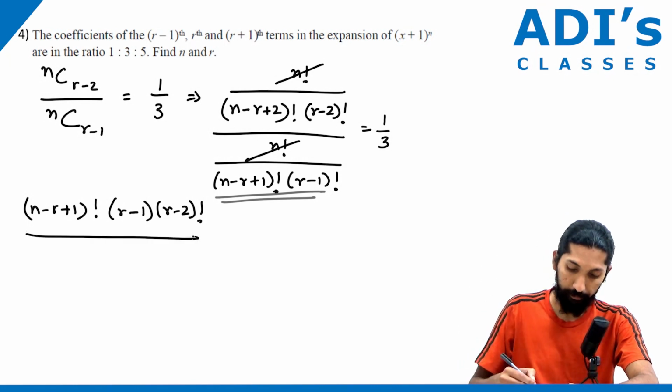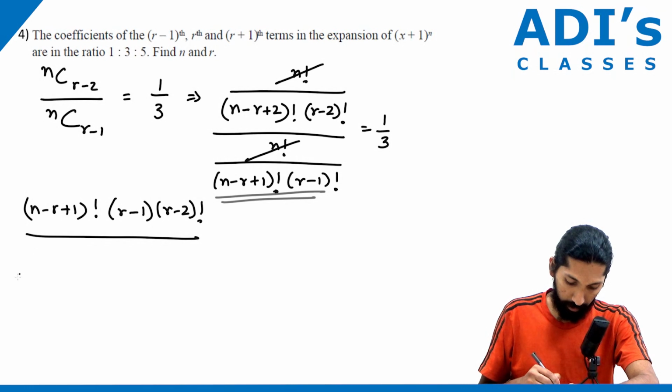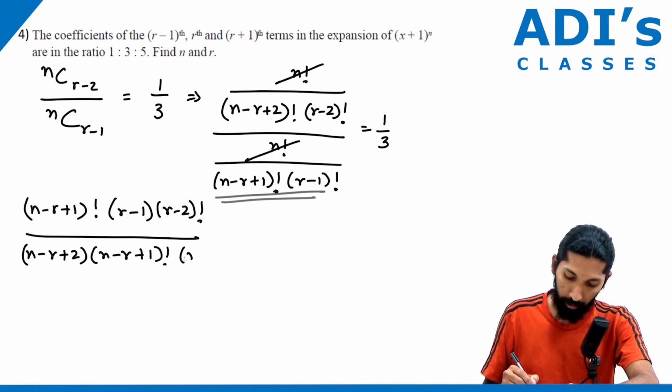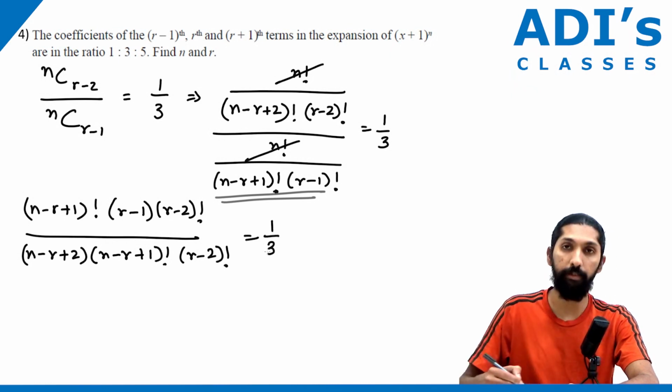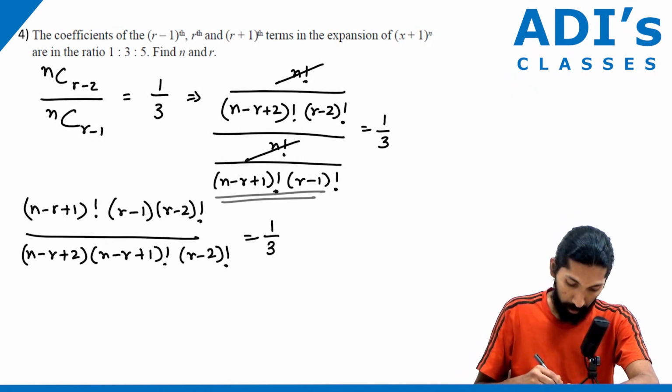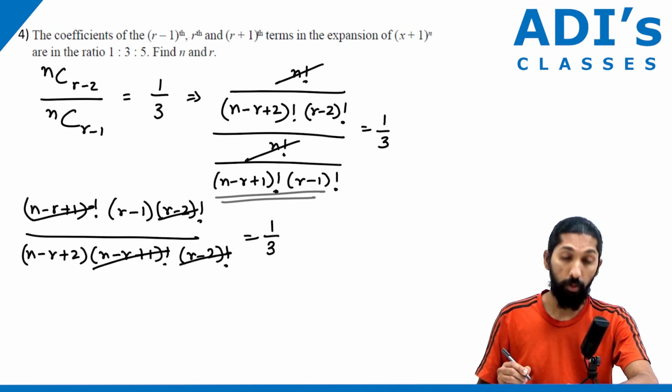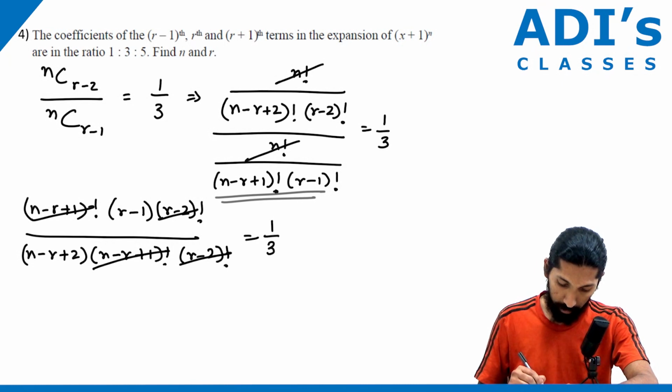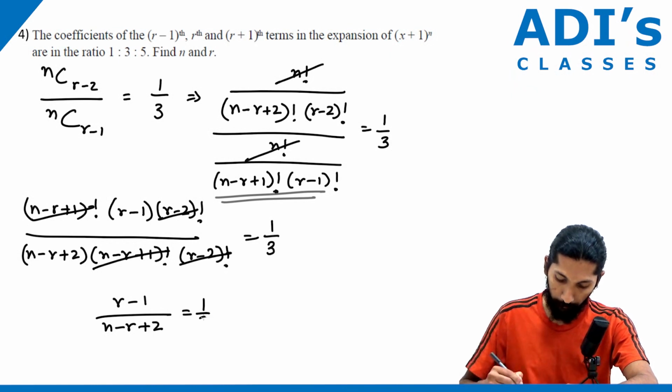This divided by, next, you can write this as (n minus r plus 2) into (n minus r plus 1) factorial into (r minus 2) factorial. This is equal to 1:3. Correct? This and this cancels, this and this cancels. So what do we end up with? We end up with (r minus 1) by (n minus r plus 2) is equal to 1:3.